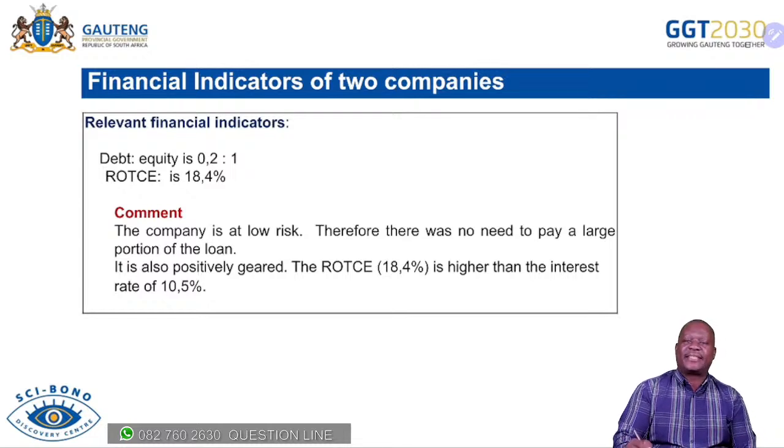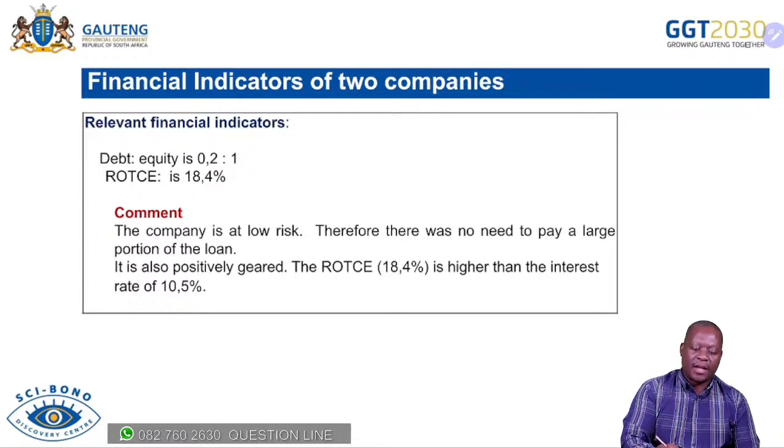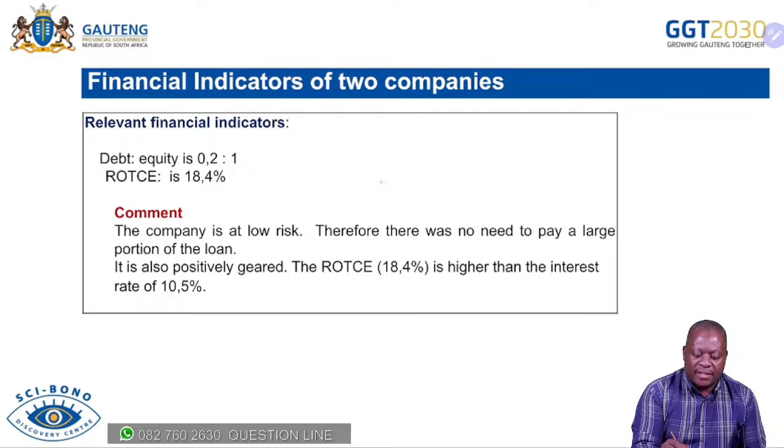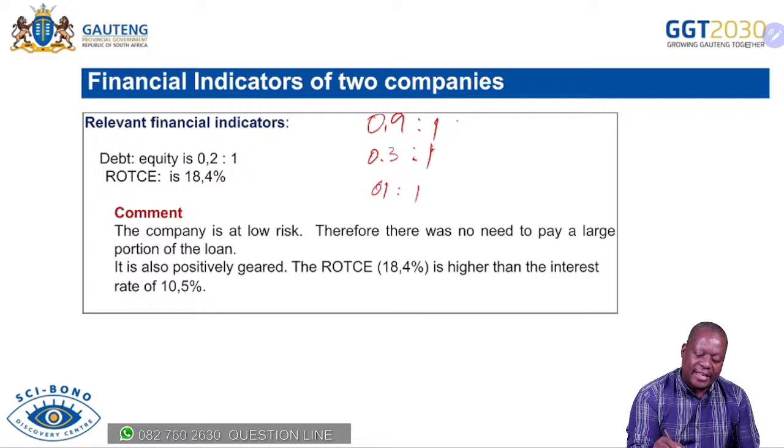When it comes to debt equity ratio, it is always 0.1:1, going up maybe to 0.3:1, and then it goes maybe up to 0.9:1. Now, when it is here, it is high geared.